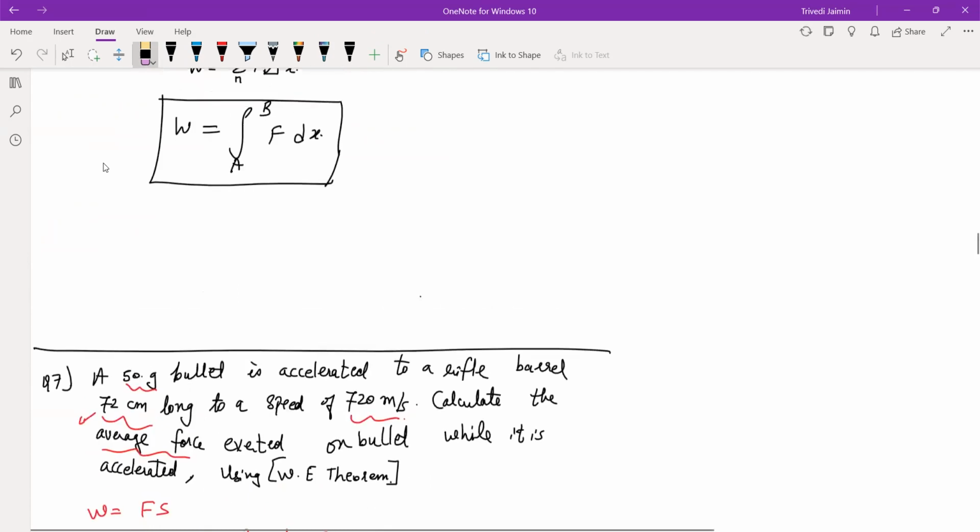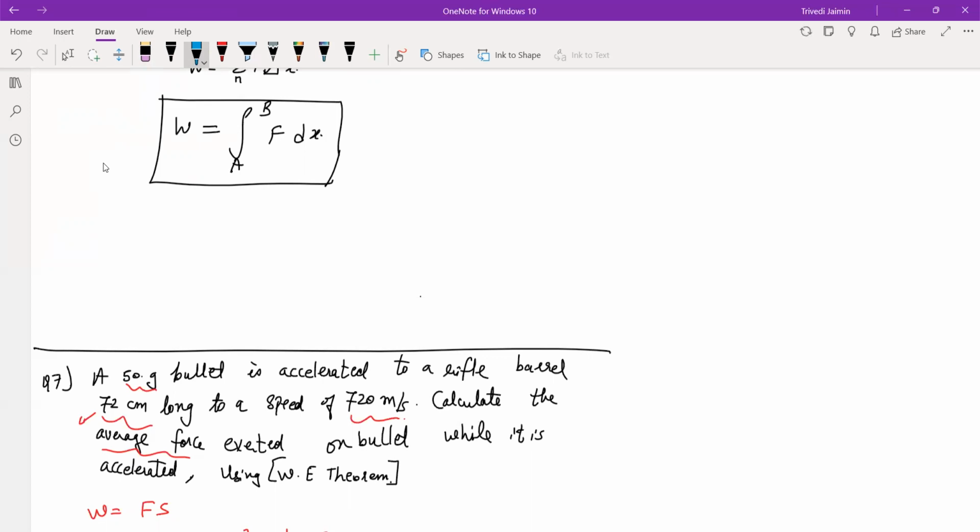Let's try this question then. A 50-gram bullet is accelerated in a rifle barrel 75 centimeters long to a speed of 720 meters per second. Calculate the average force exerted on the bullet while it is accelerated, using the work energy theorem. Mass is given.